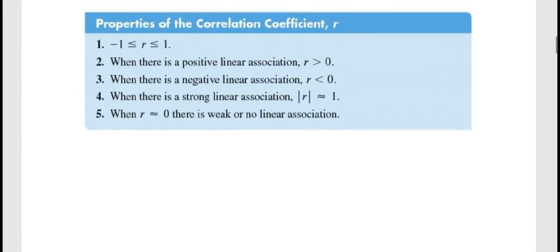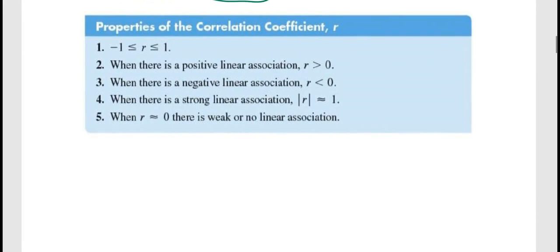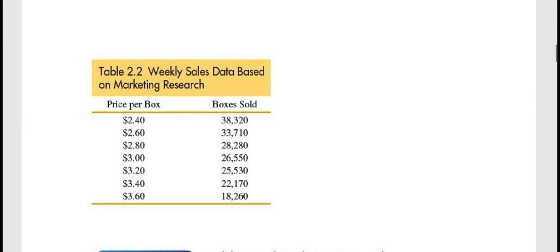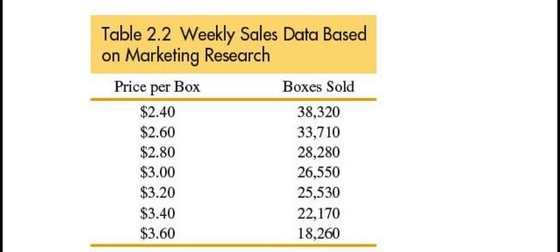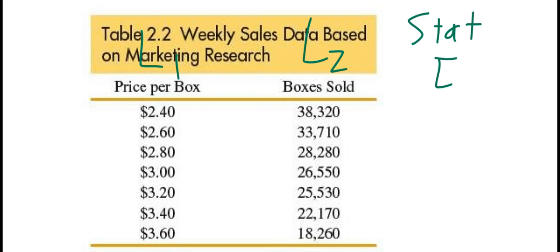Now that blue box basically says everything that we just said. I need you to get this data entered in your calculator in list 1 and list 2. For those of you who don't remember how, you hit the stat button and the enter button.